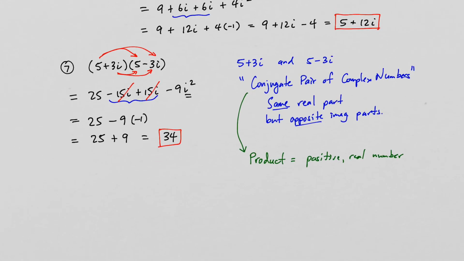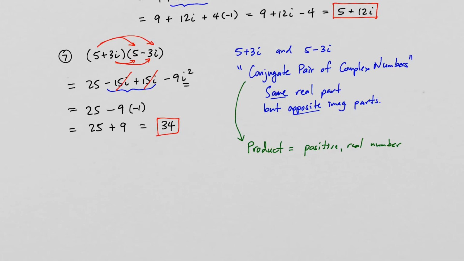Let me show you one more little detail with this whole topic here. In general, if I have a complex number a plus bi, its conjugate is simply a minus bi.